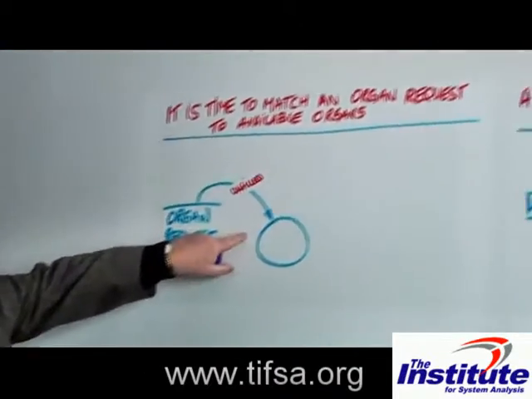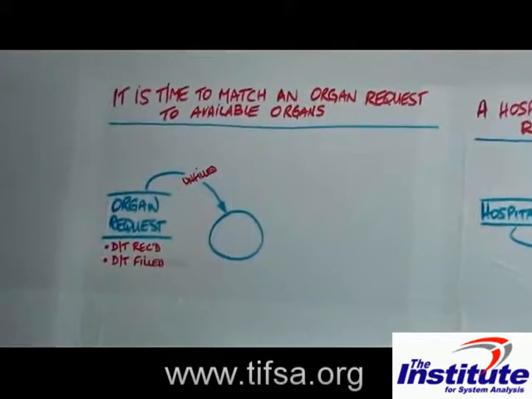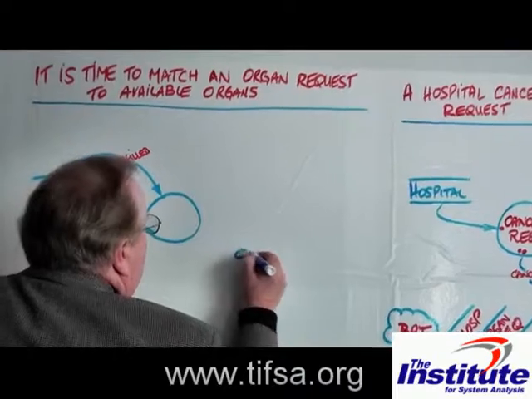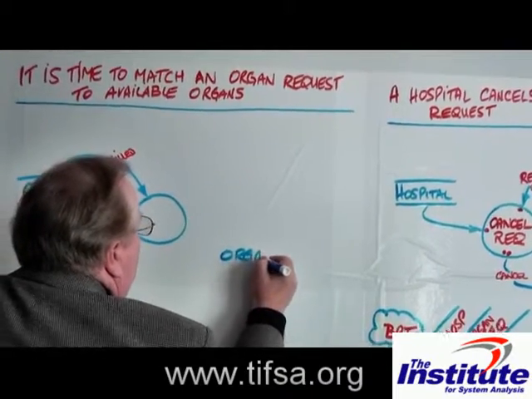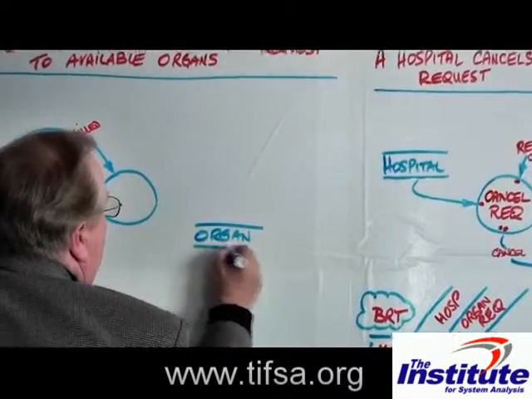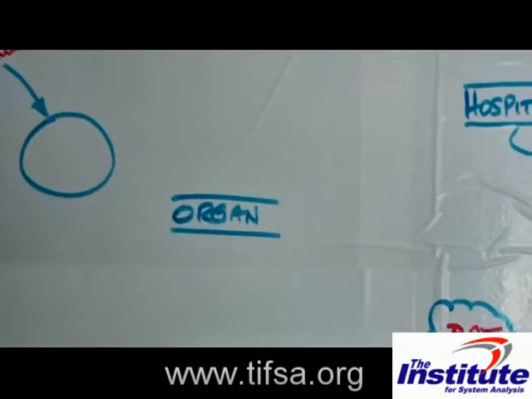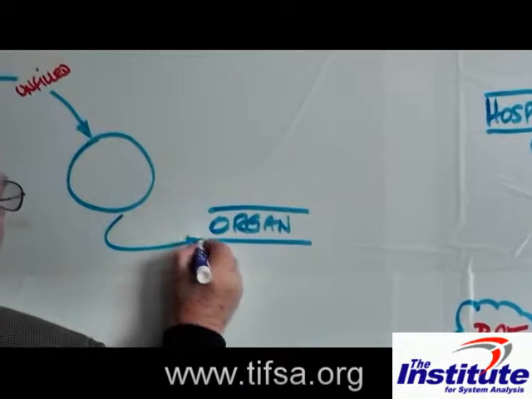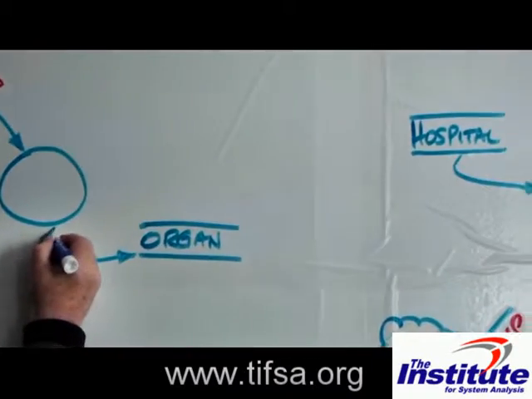And now I have to try to match that against the available inventory. Well, our inventory consists of organs. So I'm going to see here if there's a match. So I'm going to query against organ.